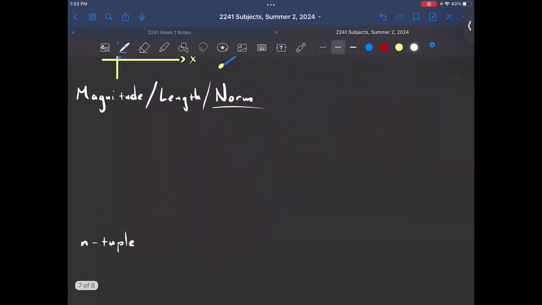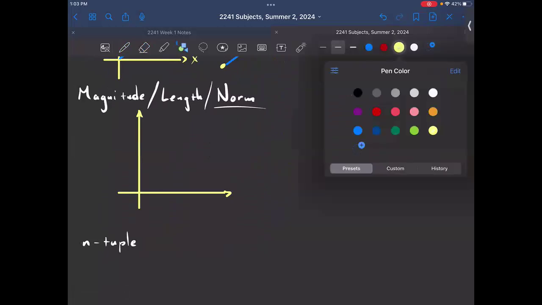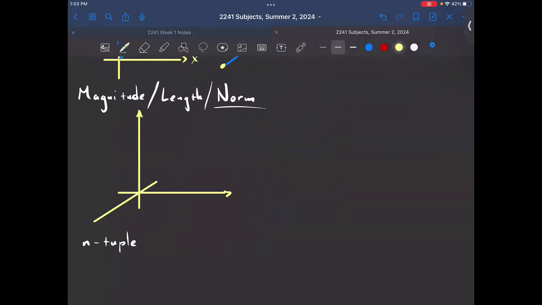All right, so now let's talk about the magnitude, length, or norm. So note, if I draw another coordinate system in here, I told you we're going to deal with coordinate systems quite a lot here. And I draw my vector. In fact, let's put in our z coordinate as well. Here we go.